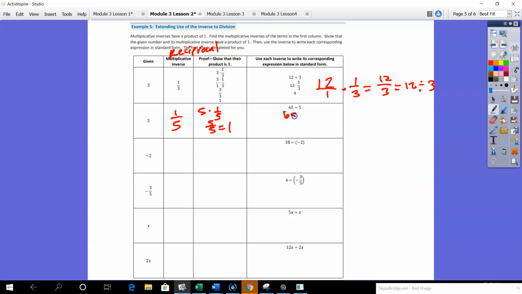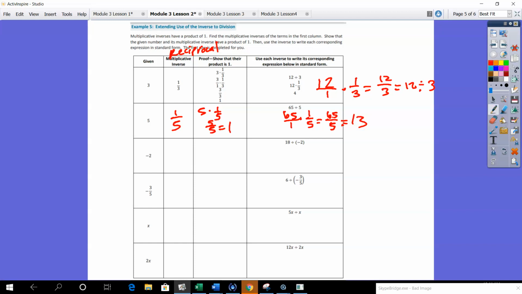So 65 divided by 5 is the same thing as 65 times 1 over 5, which would be 65 over 5, which is equal to 13.